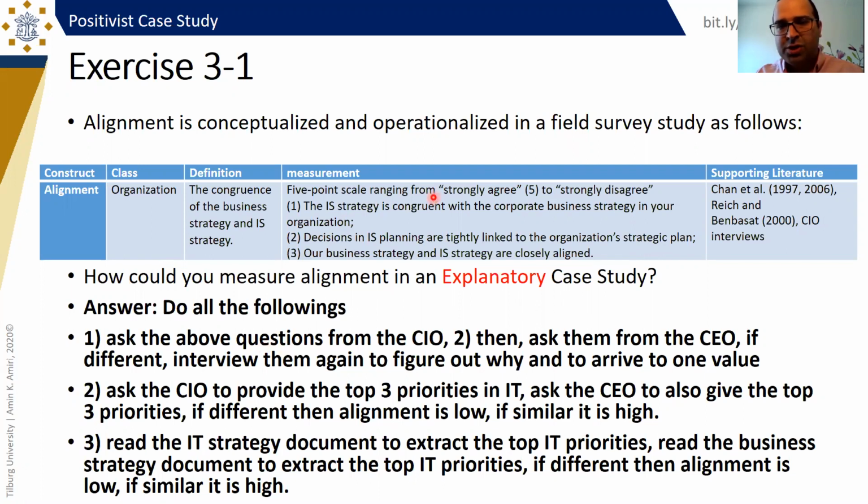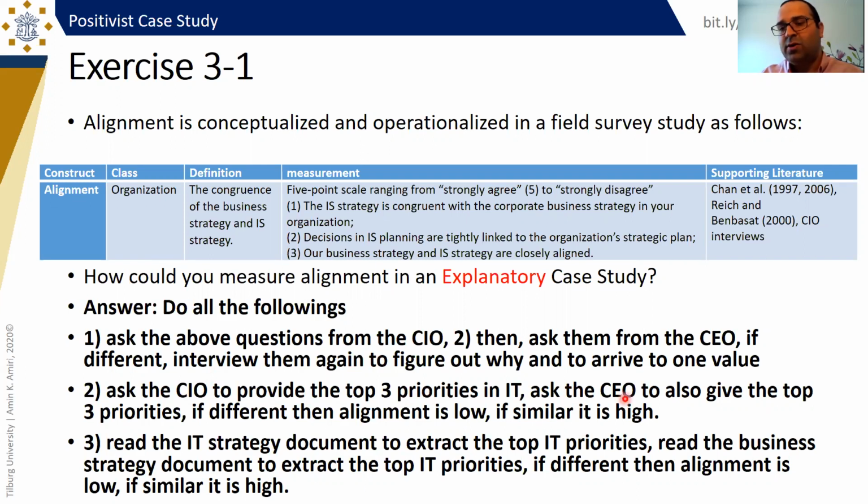First, I'm going to ask this question from the CIO. Then I'm going to ask the same question from the CEO. If the answers are different, I interview them to figure out what's wrong so that we can achieve one value here. Then I ask the CIO to provide the top 3 priorities in IT.